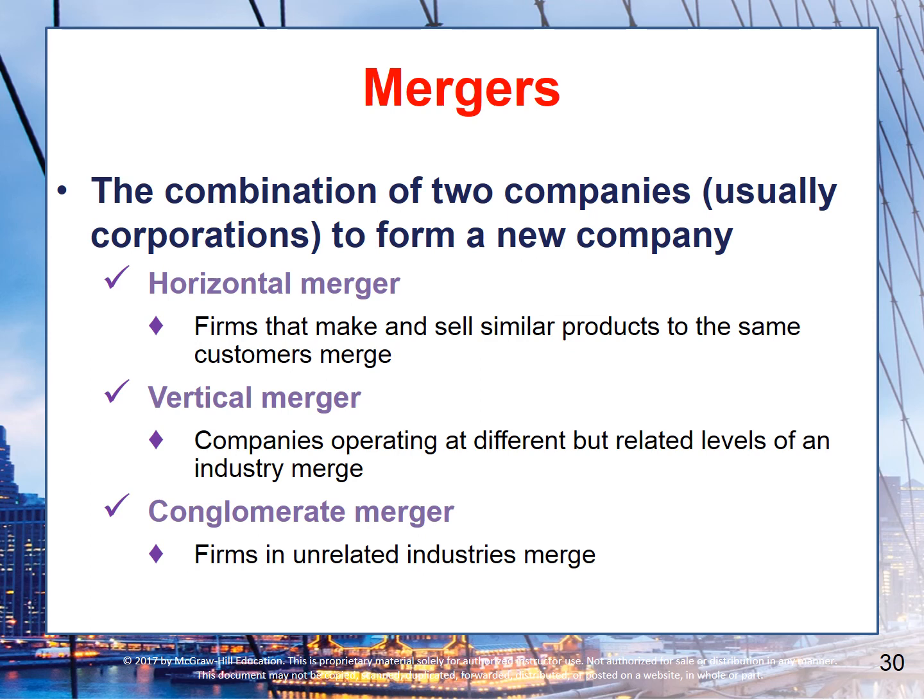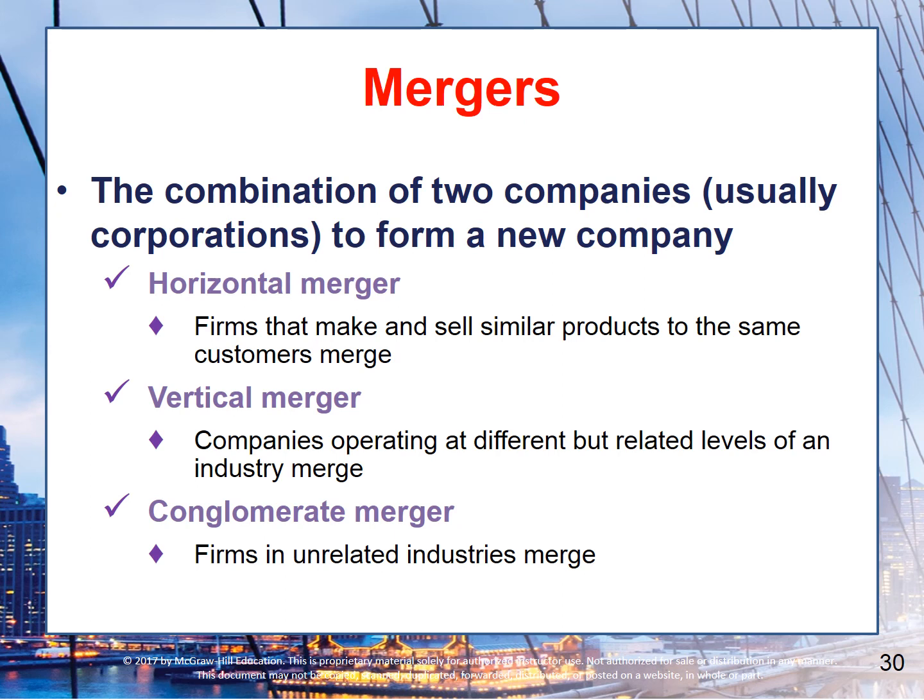Another trend in business ownership is mergers. A merger is when two companies, and generally it is corporations, come together to form a new company. You have the horizontal merger, and that's when firms that make and sell similar products decide, let's just merge together and combine our assets and then only have one product on the market.